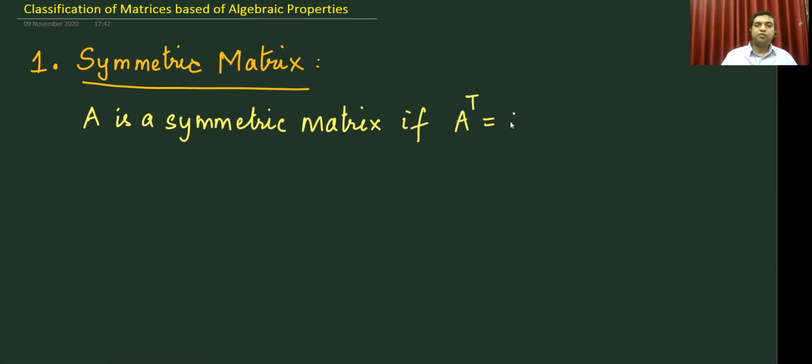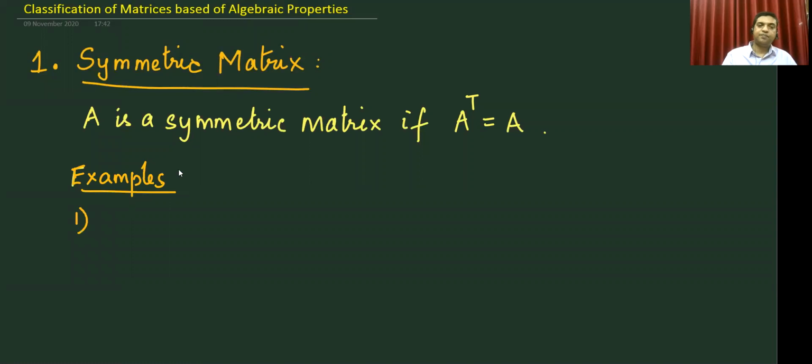A is a symmetric matrix if A transpose is equal to A. If A transpose is equal to A, then it's a symmetric matrix. Example.